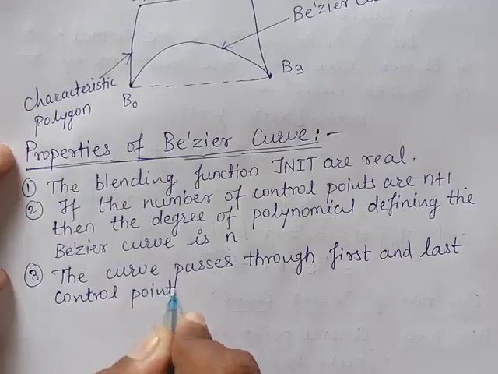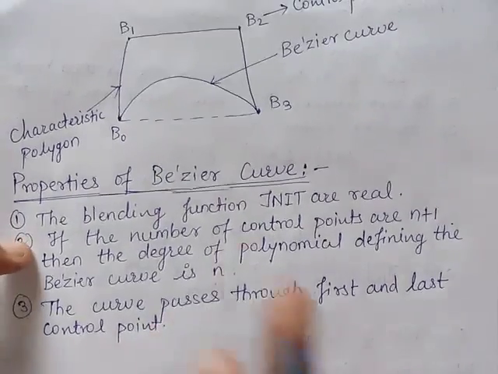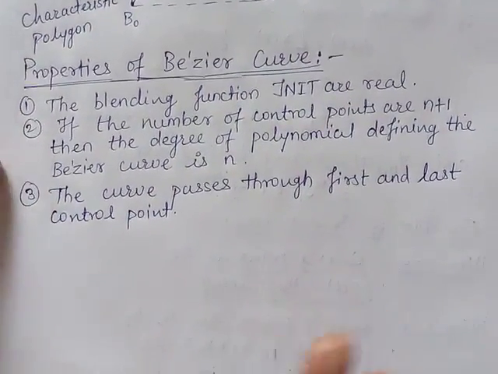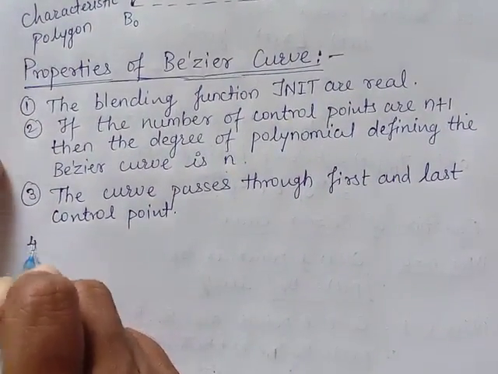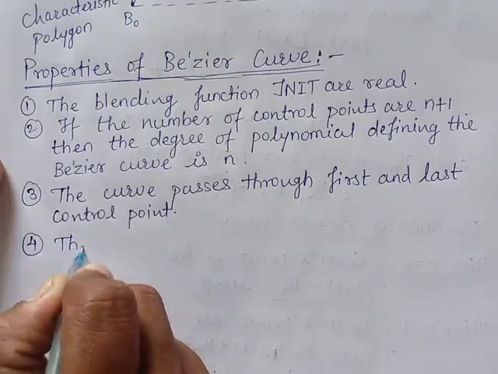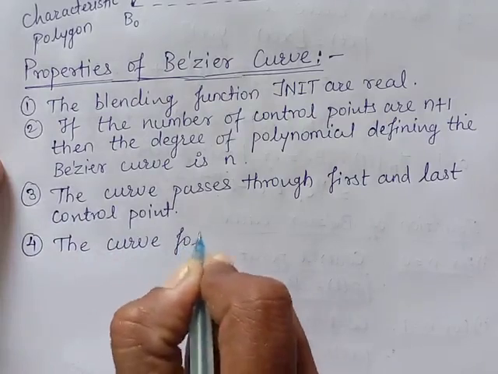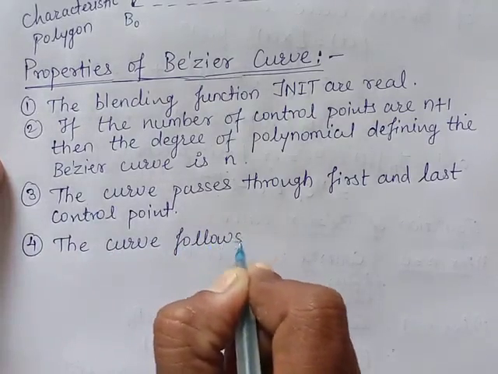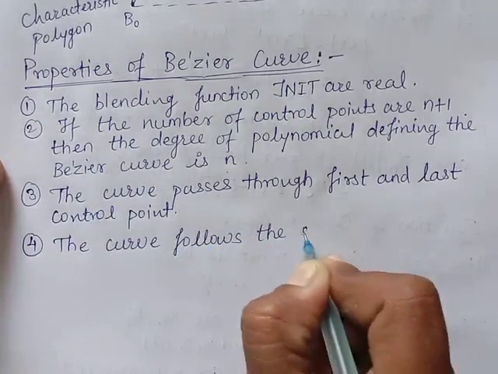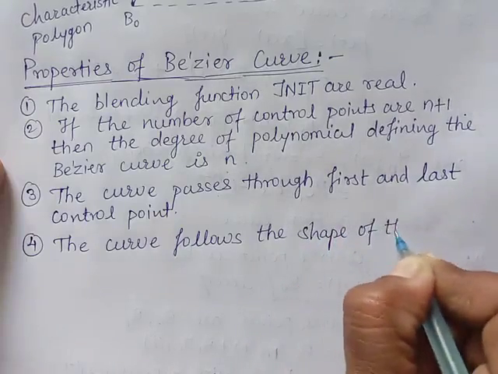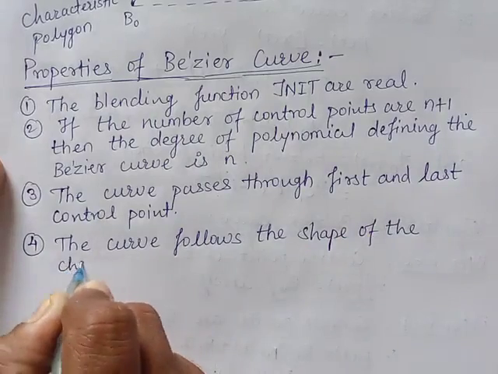It passes through first and last control point. As I showed here, it must pass through first and last control point. Okay. Fourth, the curve follows the shape of the characteristic polygon.